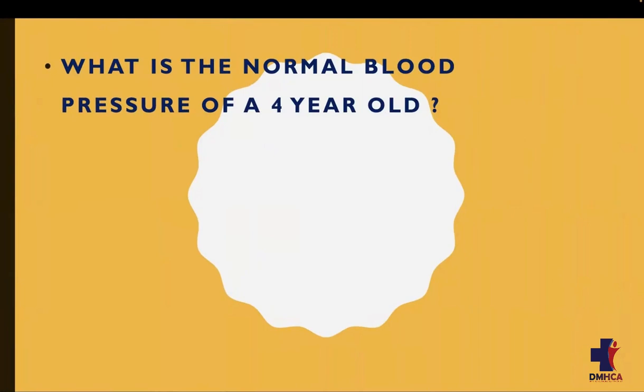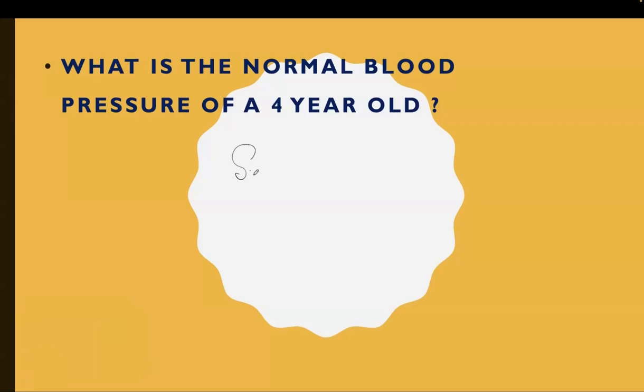Very importantly, what is the normal blood pressure of a 4-year-old child? So we have a very simple formula. The formula to calculate the blood pressure, again, is a cardiology topic.